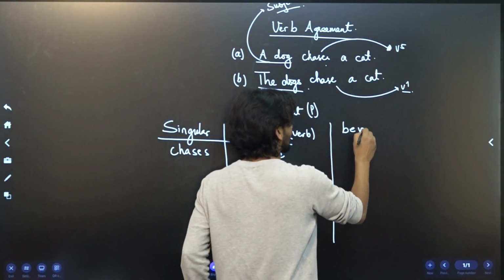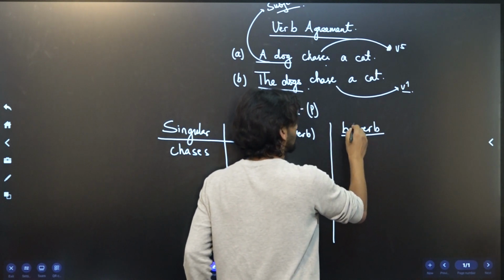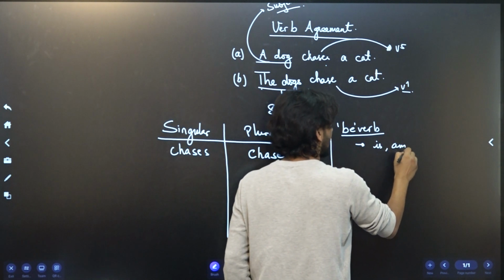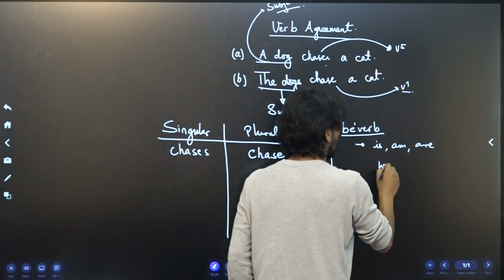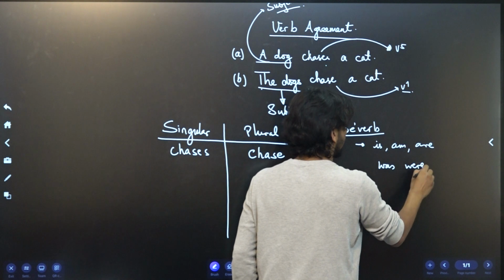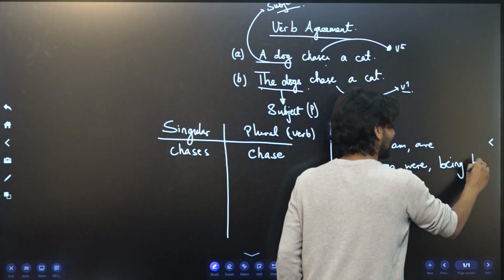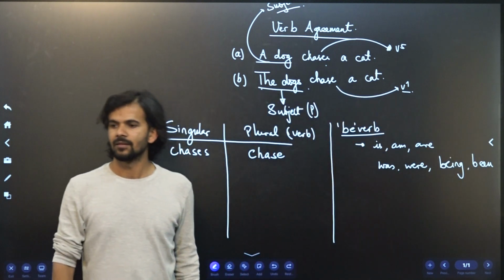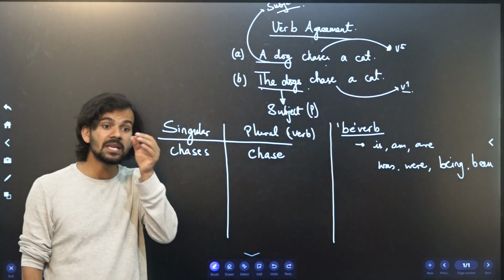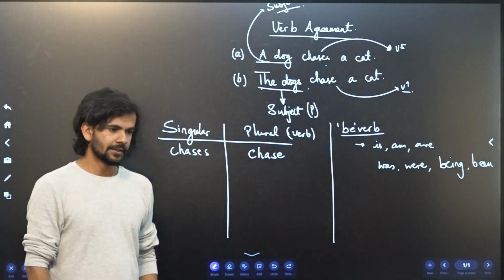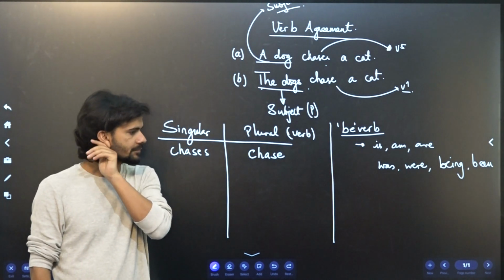Be verb. The different forms of the be verb, what are they? Is, am, are, was, were, being. All of these are different forms of the be verb itself.